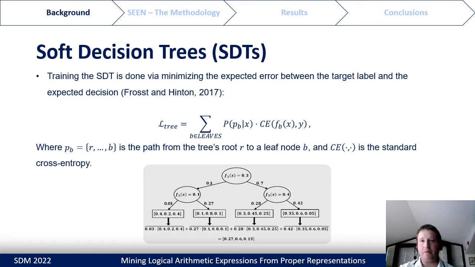For every leaf node B, let PB be the path from the root of the tree to that leaf node. Then, the loss for training a soft decision tree is computed as a cross entropy between the true label and the predicted one, weighted by the path probability to each leaf.